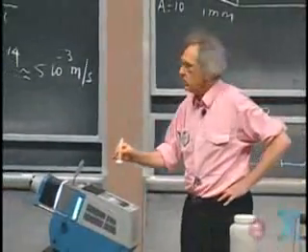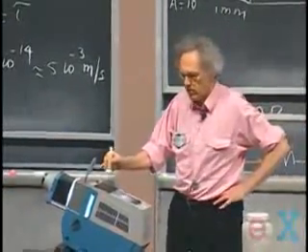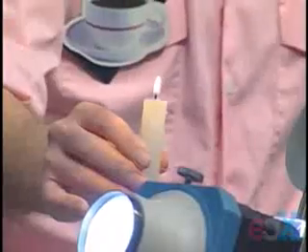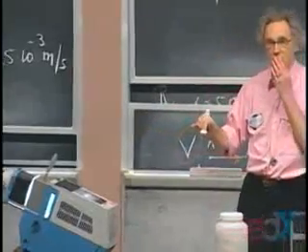And here's my candle. And I will bring the candle, maybe 20 centimeters from the electroscope. Look at it, look at it. It's already going. It's about 15 centimeters away. I'll take my candle away, and it stops again.